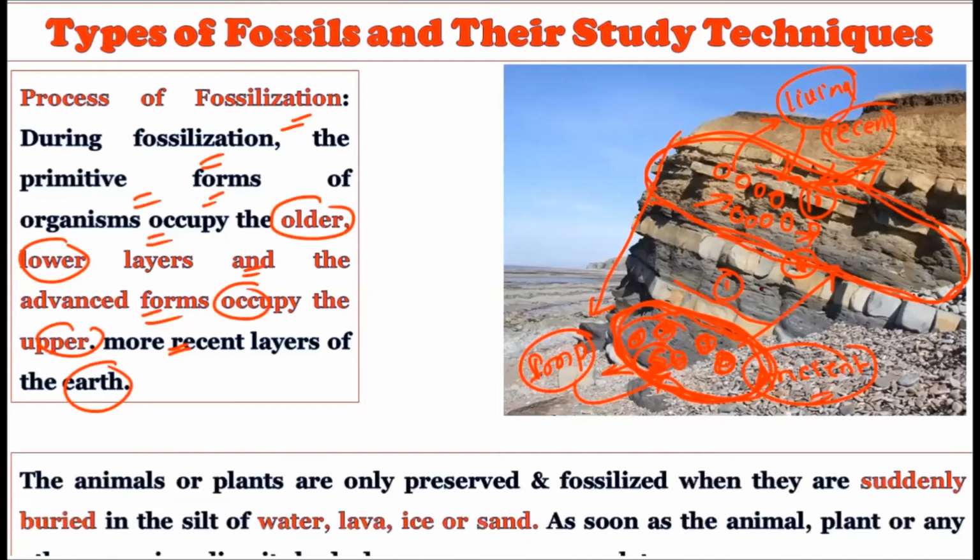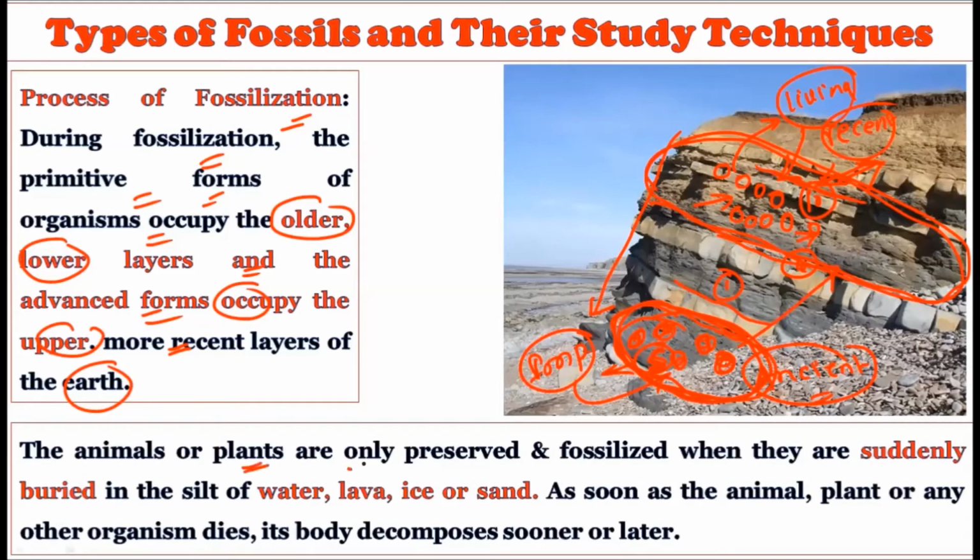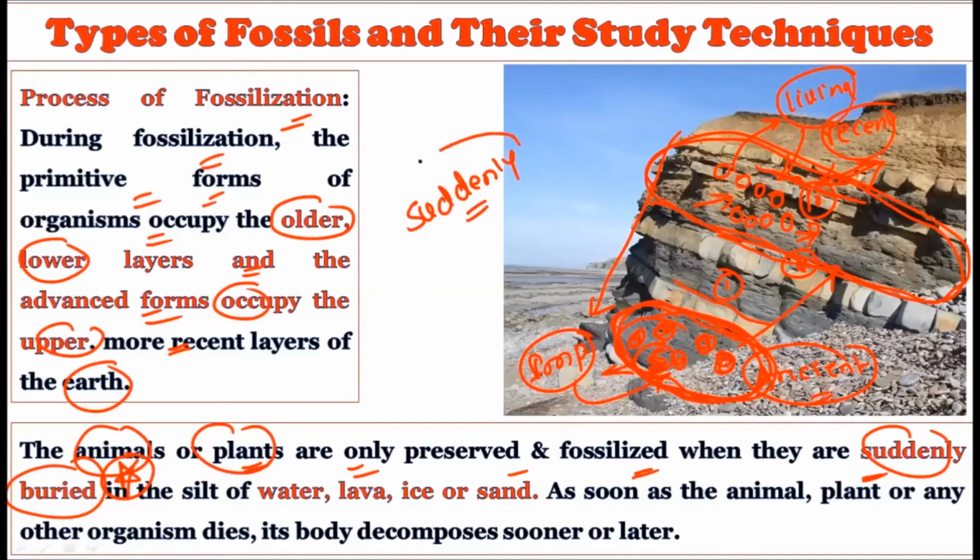All right. Now understand this. Animals or plants are only preserved and fossilized when they get suddenly buried. This is very, very important to understand. To get fossilized, if plant or animal life is to get fossilized, they should get buried suddenly. It should be a sudden act, and suddenly they go deep into the ground and get preserved.